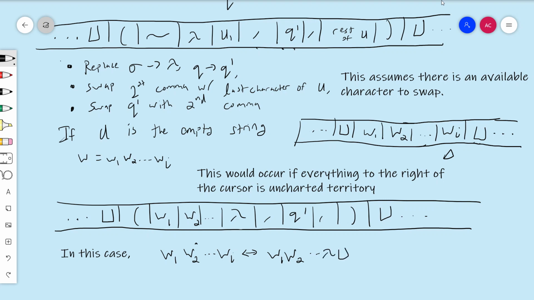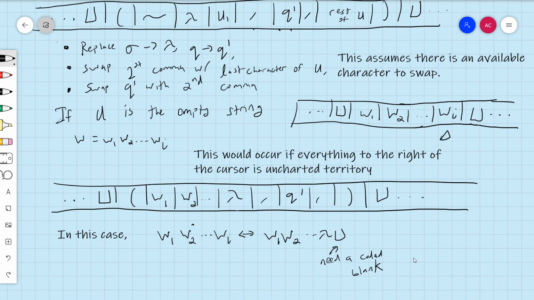So I need a coded blank. Remember, every symbol of the machine M is coded as an integer, including blanks. So what I need to add is a coded blank.